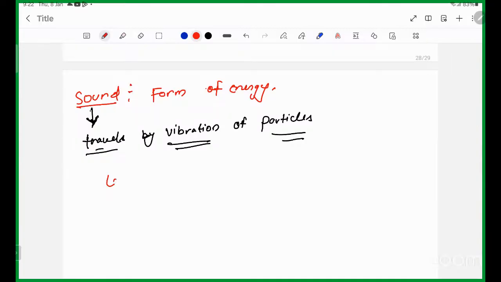So this we call longitudinal. And the second one is called transverse wave. In longitudinal, what we observe is how the particles move.